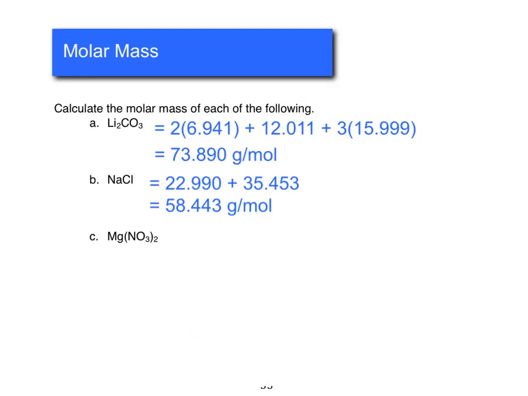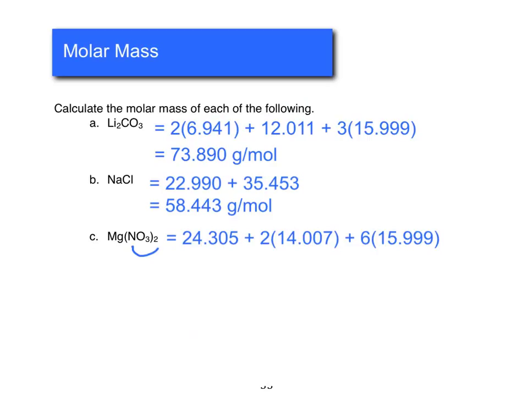And then finally, magnesium nitrate. So this one is a little trickier because it's got parentheses, but you want to treat that the same way that you would in math. So I tend to like to distribute the number that's on the outside, but you could also calculate what's in the parentheses first and then just multiply that by 2. So the mass of magnesium is 24.305, plus we have 2 nitrogens because we have a 2 on the outside, so when that comes in, we know we have 2 nitrogens, so 2 times 14.007.